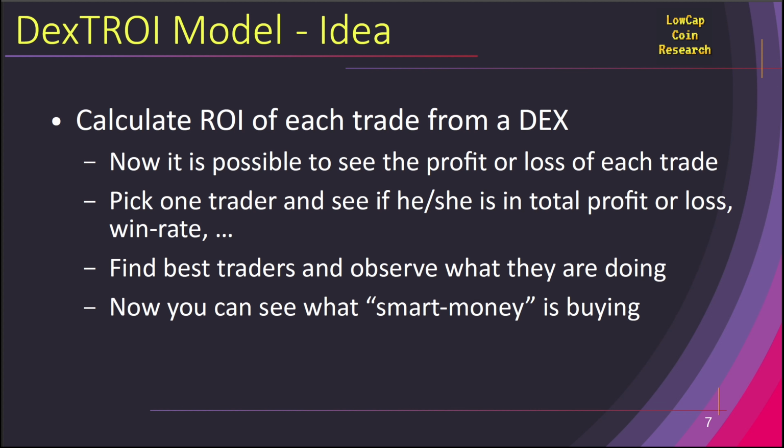First, we calculate for each trader and each trade on a decentralized exchange like Uniswap the return on investment. If we have this data, we can see each trade's profit or loss. Then we can pick one trader and calculate if he is in total profit or loss, his win rate, and so on.